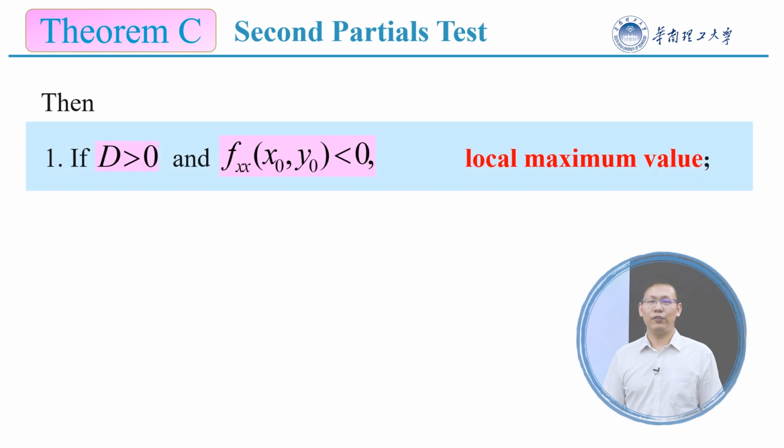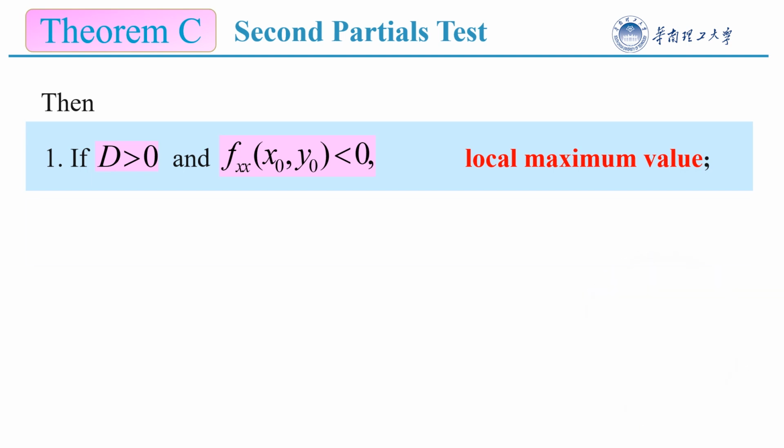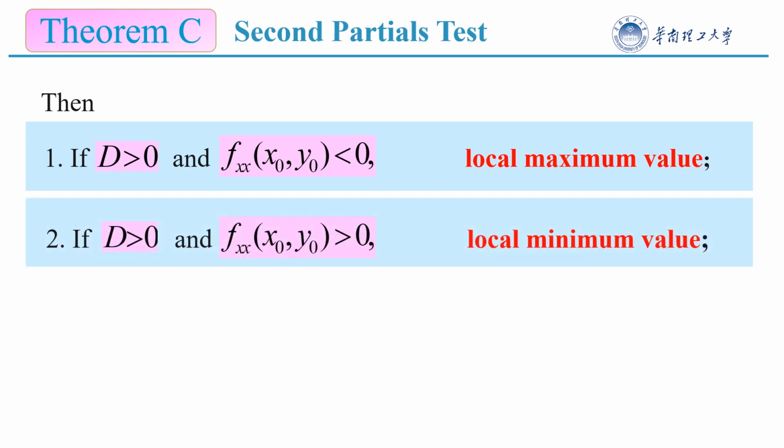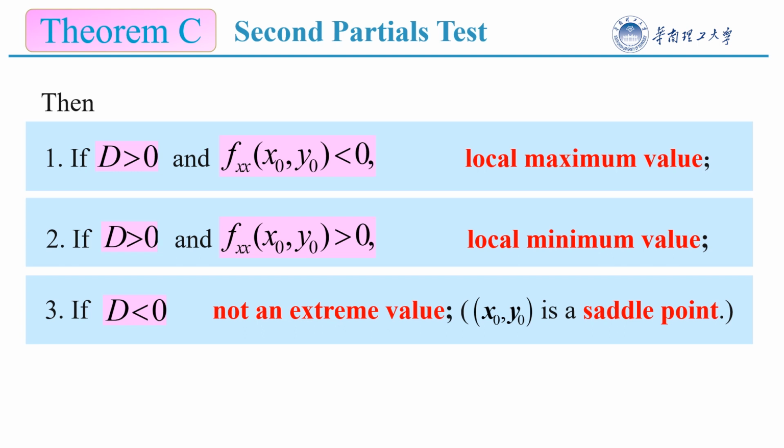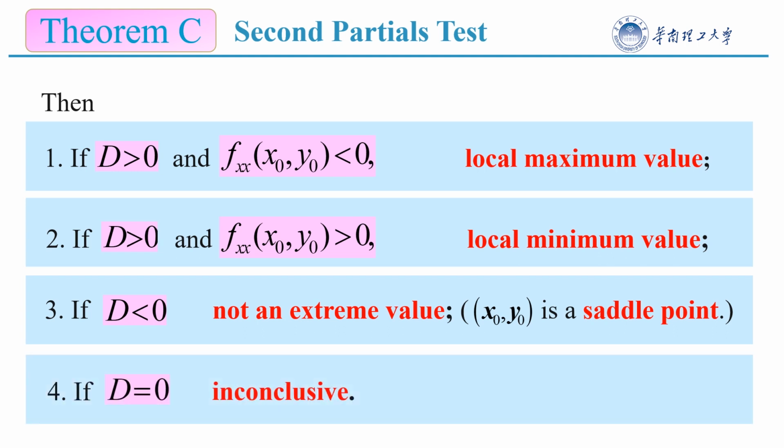Then, if D is larger than 0 and A is less than 0, then f has a local max value at (x0, y0). If D and A are larger than 0, then f has a local minimum value. And if D is less than 0, then f has no extreme value at this point. If D equals 0, f may not be extreme at this point.